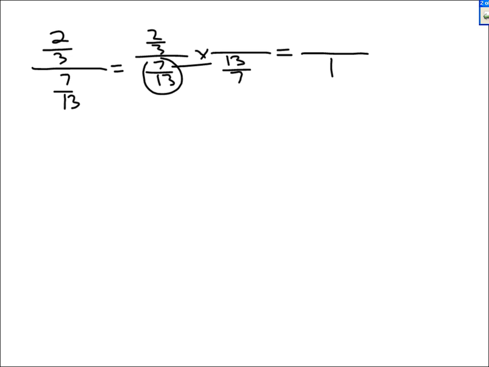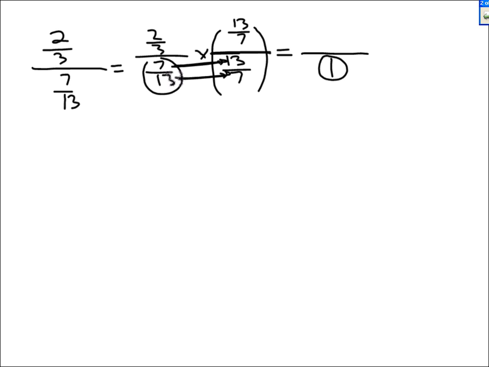Because whatever 7 times 13 is going to be the same as 13 times 7. You divide the same two numbers, that's your answer. But this fraction has to be 1. If 13 over 7 is in the denominator below this line, you better put 13 over 7 above it.